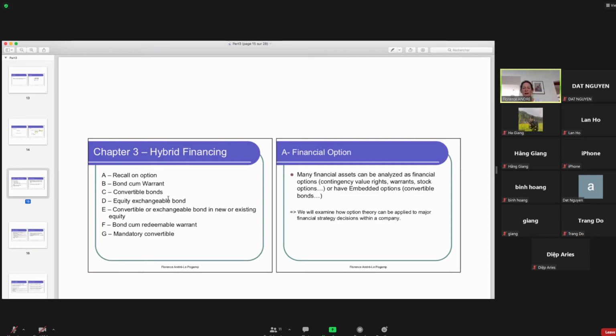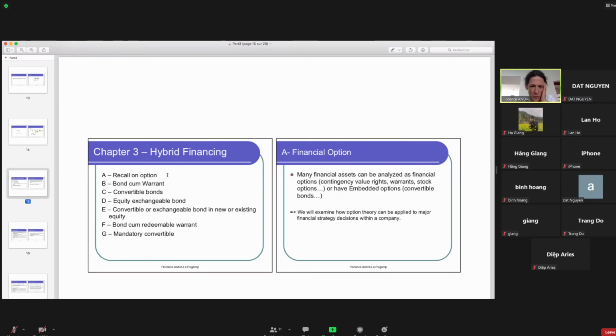I would like to give you some information about it, because hybrid financing concerns all kinds of financing that mix the features of debt and the features of equity. The main feature of hybrid financing is that it contains options.